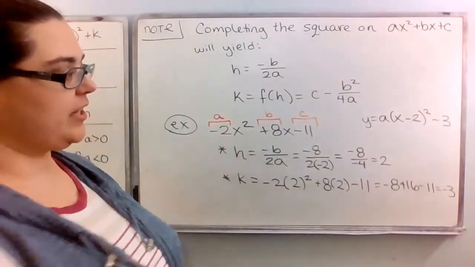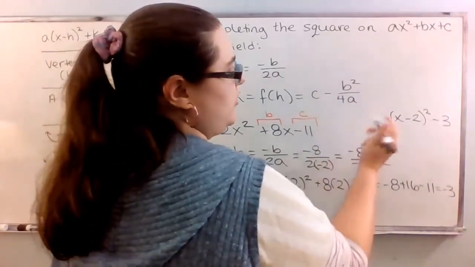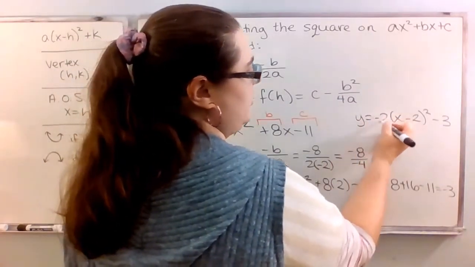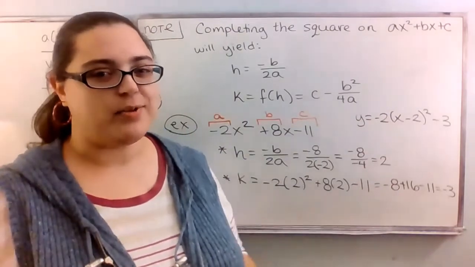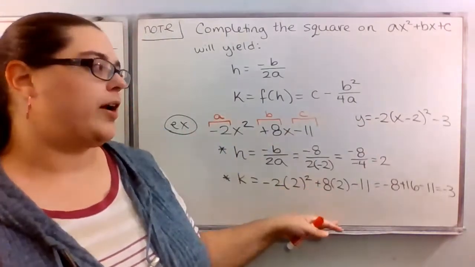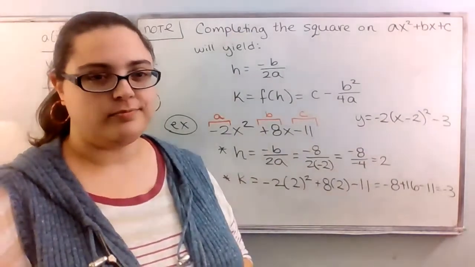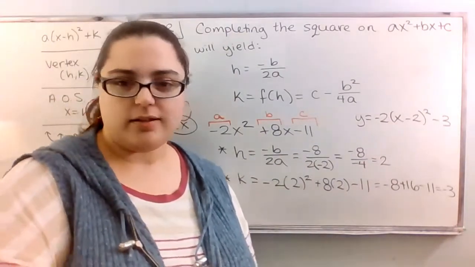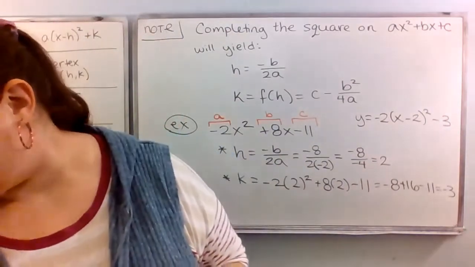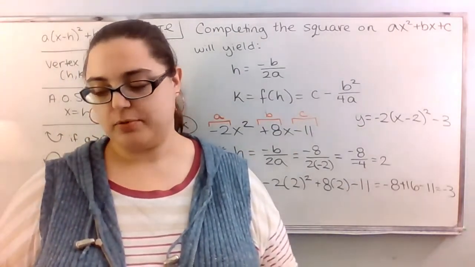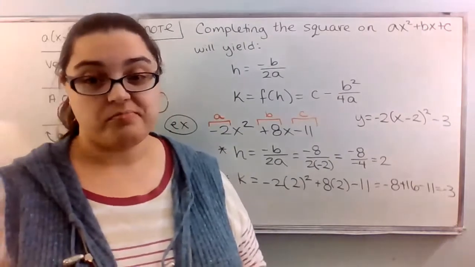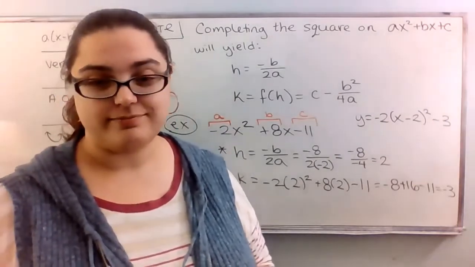So a here was negative 2. So we have a negative 2. And there we go. That's how we can use the formulas to write a function in vertex form. And let me just check. That is what I have written down for the previous example as well. So looks like it worked out.